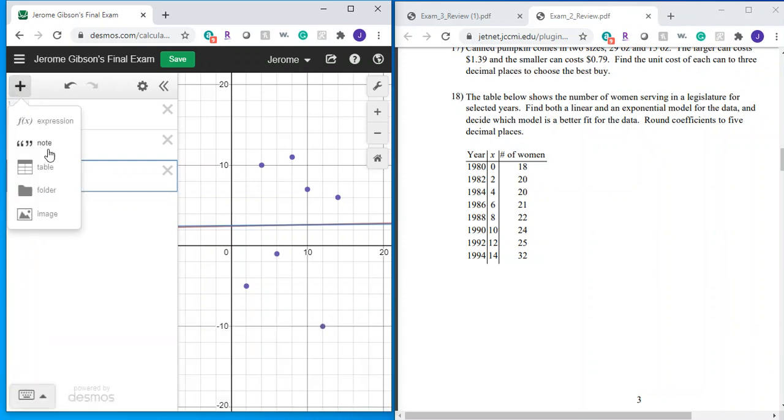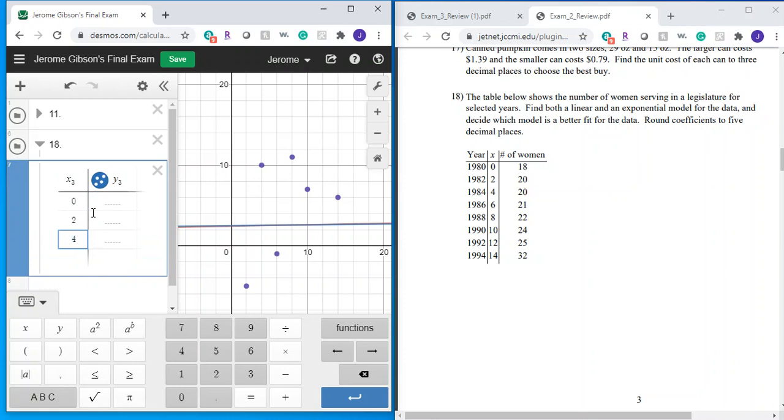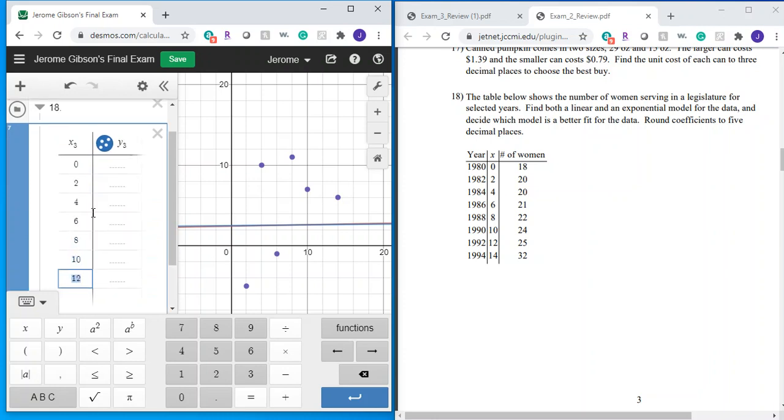So we would still add a table. Now, if you notice here, it's not x1 and y1, it's x3 and y3. So we will have to put in x3 and y3. So we will have 0, 2, oh, it looks like it goes all the way to 14.